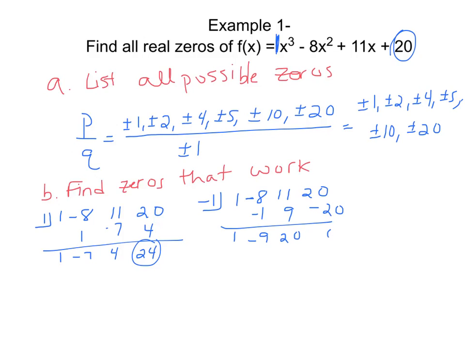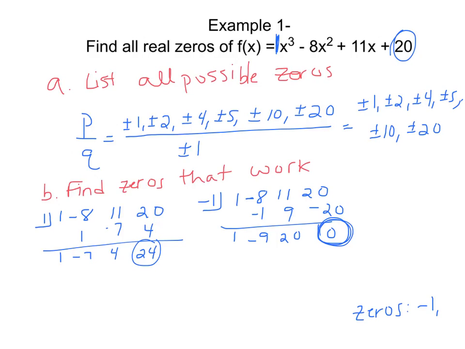And then here quickly we found negative 1 with a remainder of 0, which means that negative 1 is a zero of the polynomial, and x plus 1 is a factor. So one of our zeros is negative 1. I'm just going to put that down here in the corner so I don't forget.